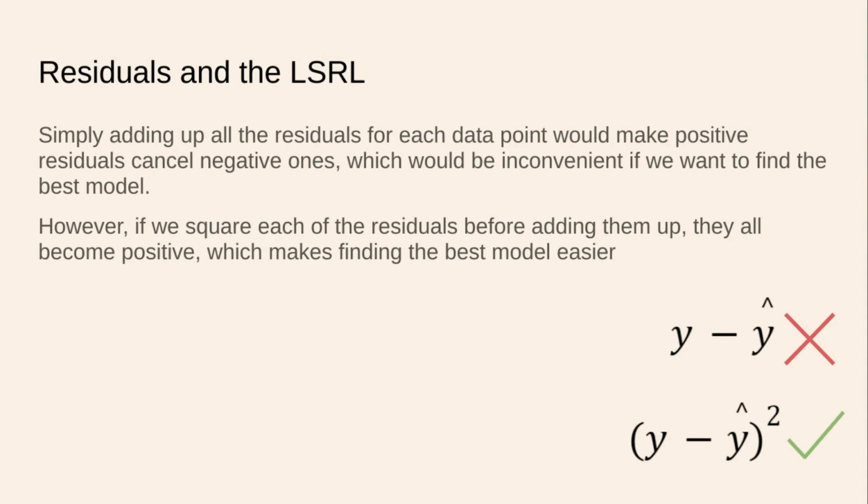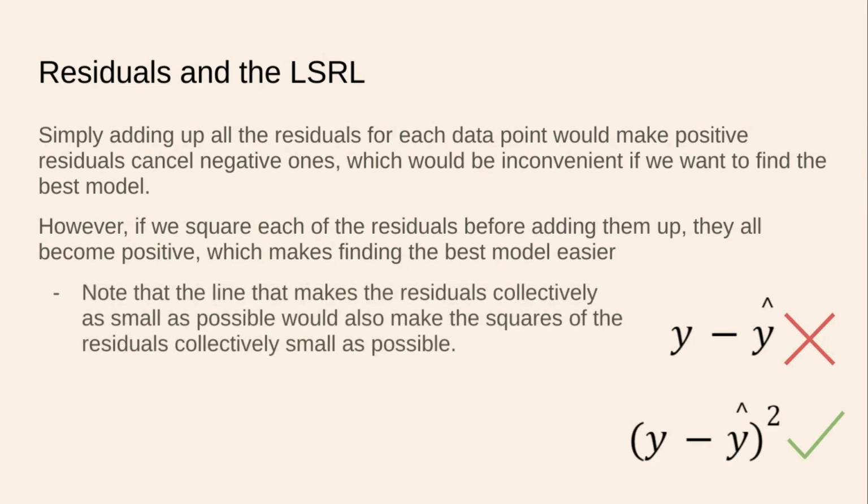Well, why does this work so well? Think about it. The line that makes the residuals collectively as small as possible, that's what we want in a line of best fit. That line would also make the squares of the residuals collectively as small as possible.